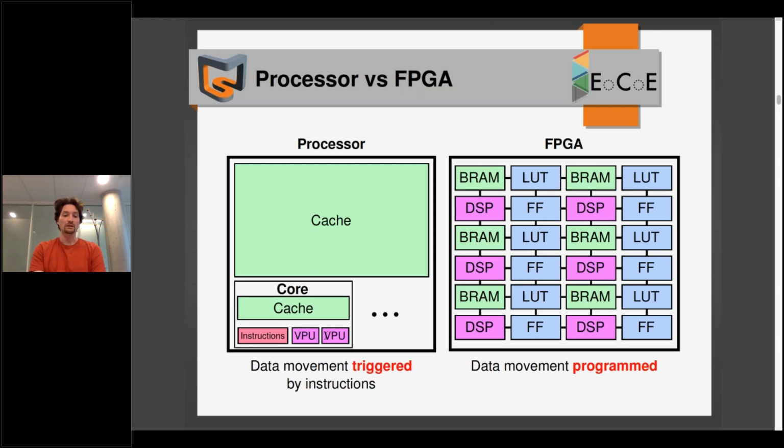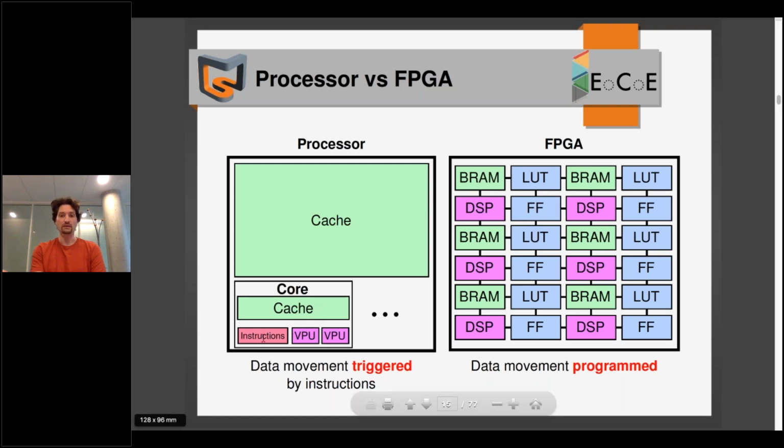And some of them are floating point operations, and these are done in vector processing units. VPU here stands for vector processing unit, and then you have several of these cores on a single processor.